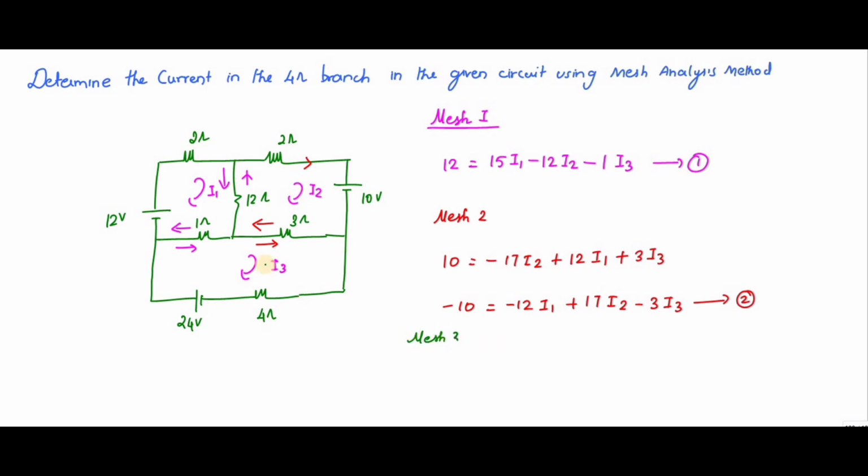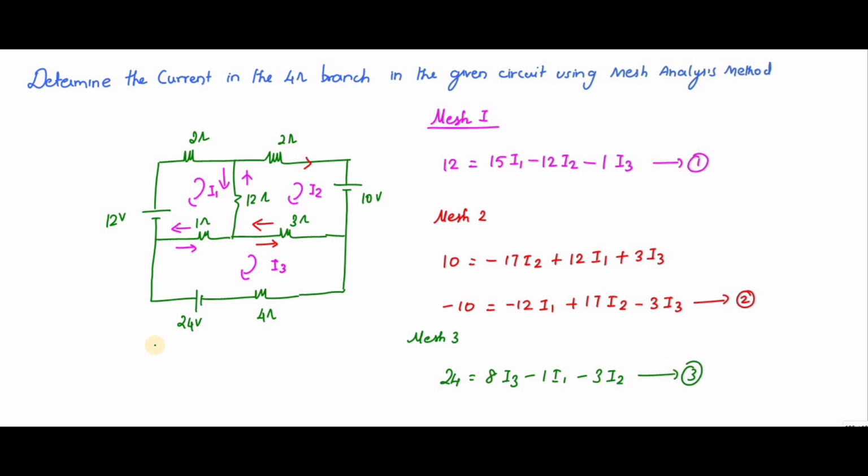Next, mesh 3, that is this one. Let me start from 24. The total value is 4 and 8, so 8 I3, right? Since the currents of I3 and I1 are in opposite directions, therefore minus 1 into I1 and minus 3 into I2.